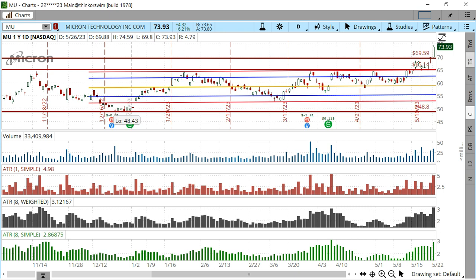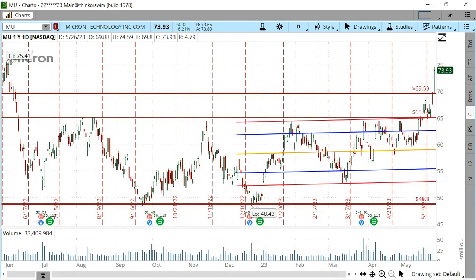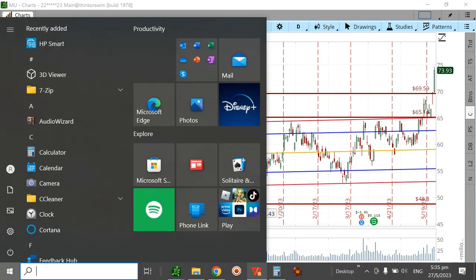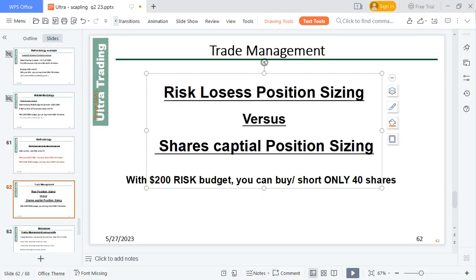So this is what I call one based on capital risk, one based on your loss risk. Okay, so which one is better? Depends on you. But for beginners, my advice is very straightforward: whichever is lesser.